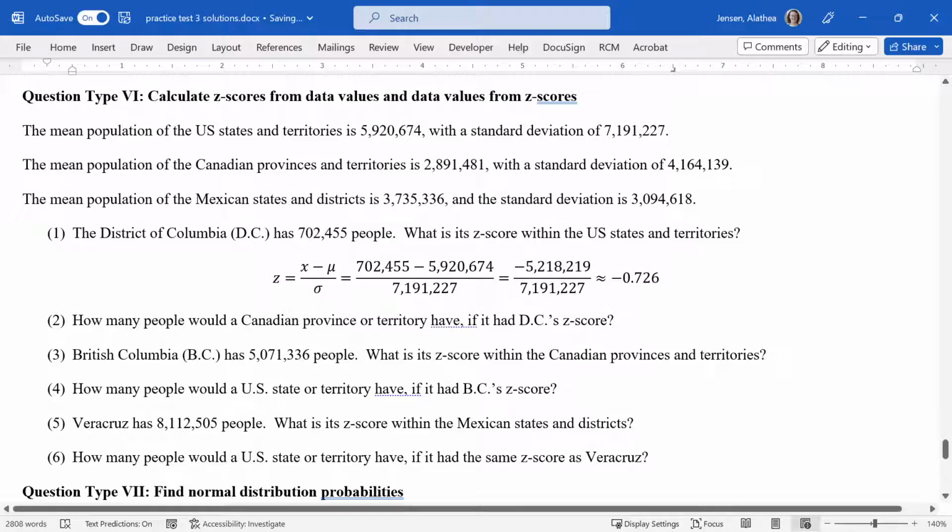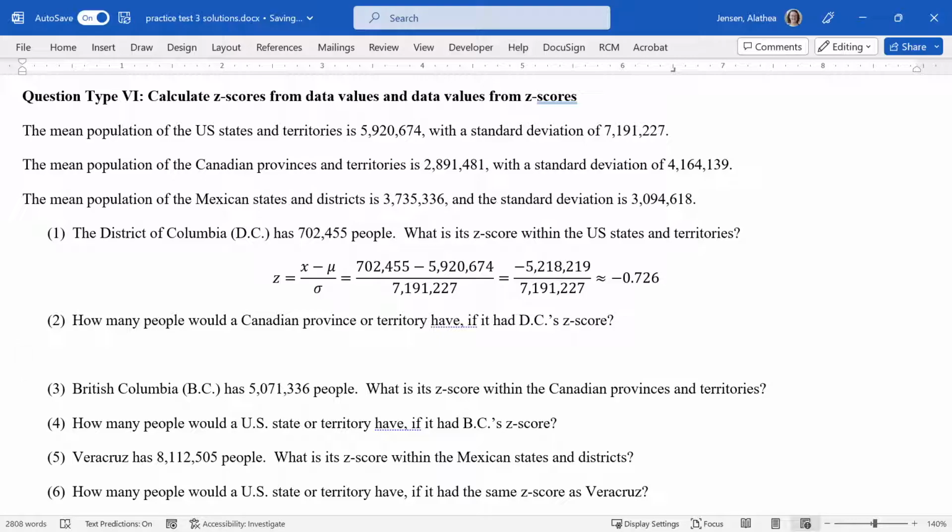Okay, next question. How many people would a Canadian province or territory have if it had DC's z-score? So we're going to reuse the z-score from this problem, and then we're going to apply that to Canadian provinces and territories. And it's asking how many people, so that means we want to calculate the x, the data value, from the z-score. So this is when you need that other version of the formula, which looks like this.